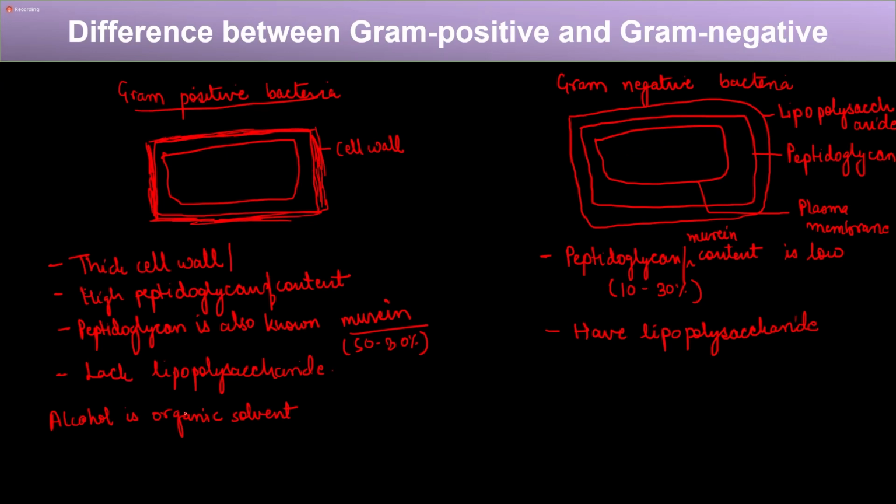Because of this, the gram-negative bacteria are not able to retain the crystal violet color, because they are washed by the alcohol. While the gram-positive bacteria, because they do not have a lipopolysaccharide layer, retain that crystal violet color.